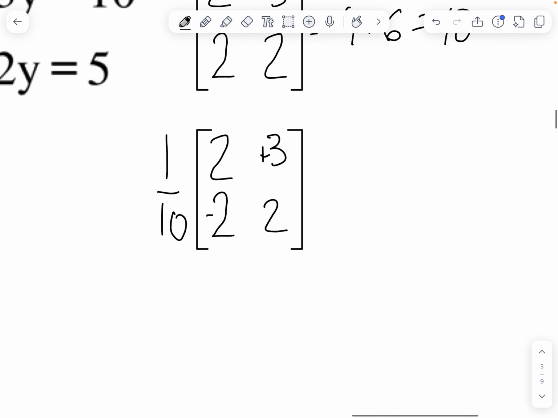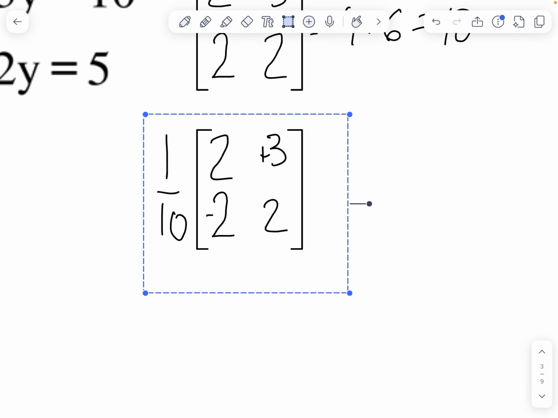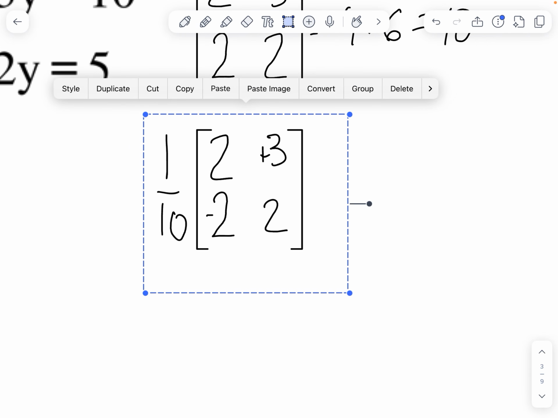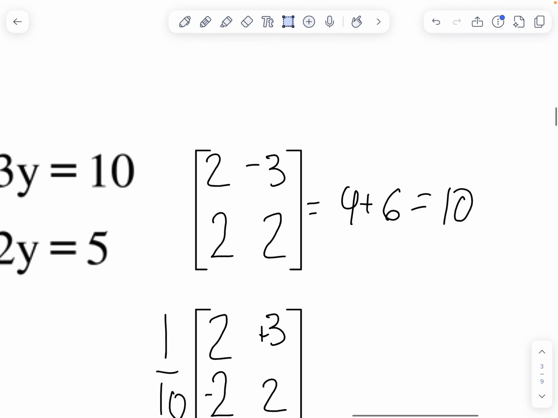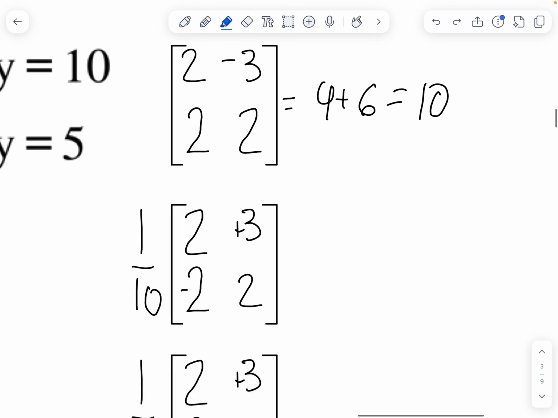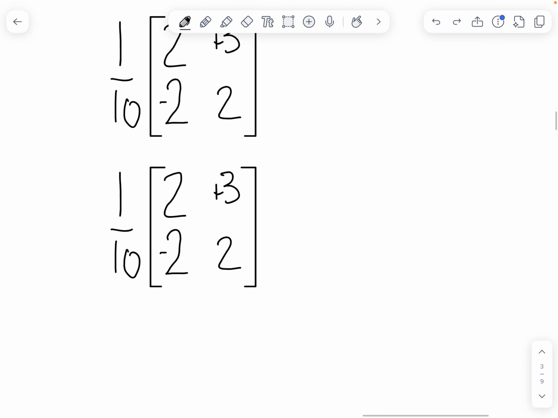You don't need to multiply them right now. Since we're going to have to multiply these numbers, we can do the matrix multiplication first, so we don't end up with a bunch of fractions.